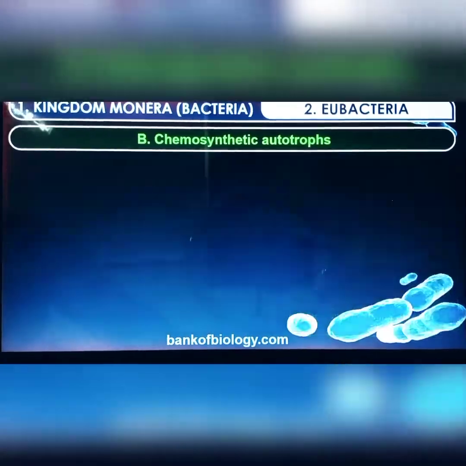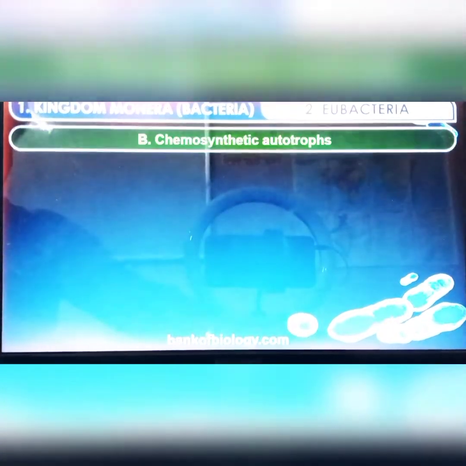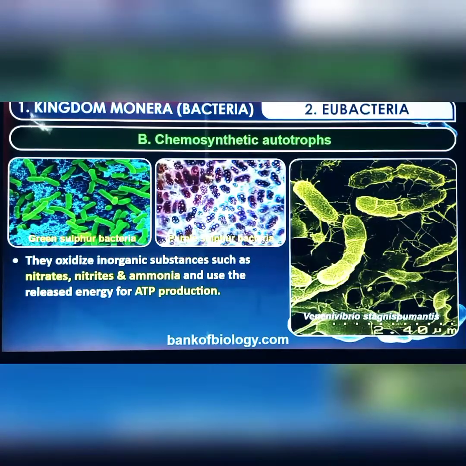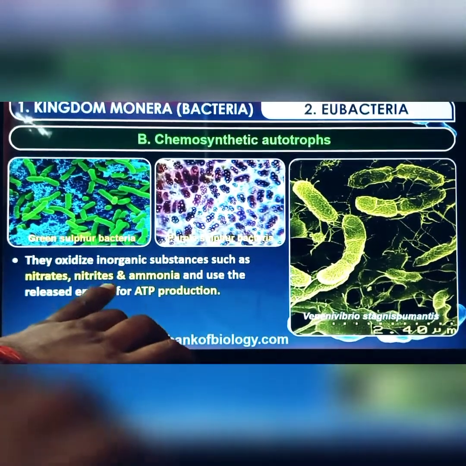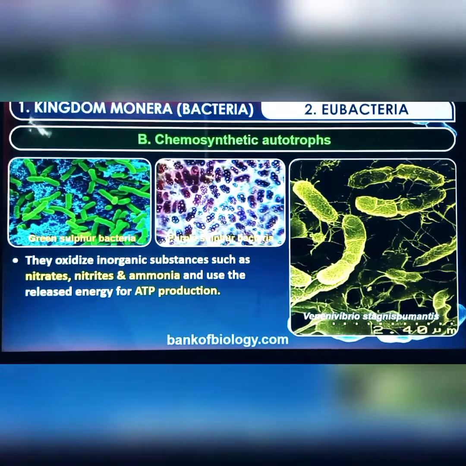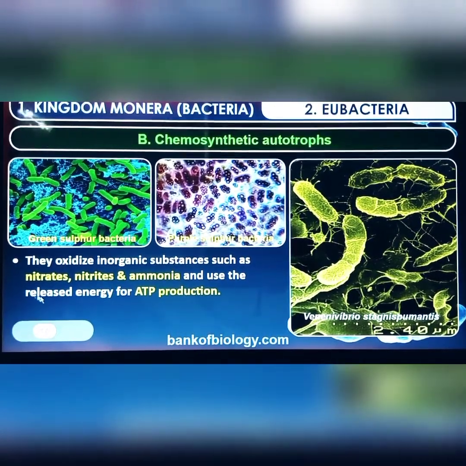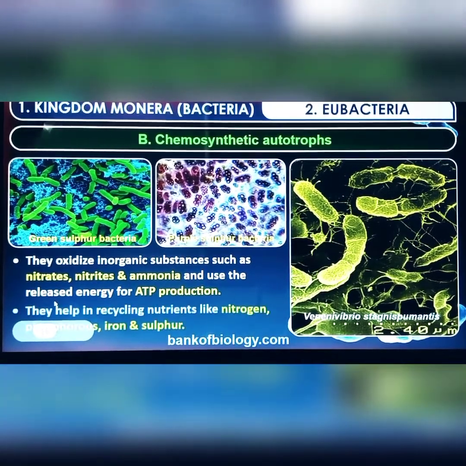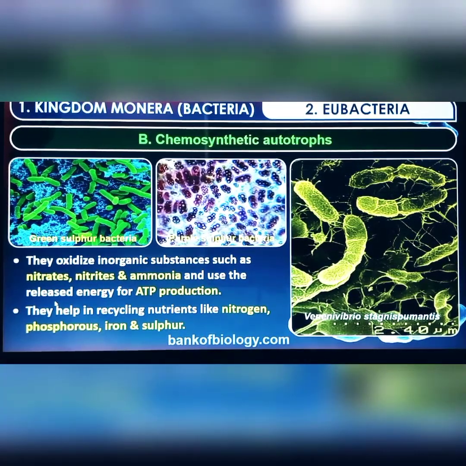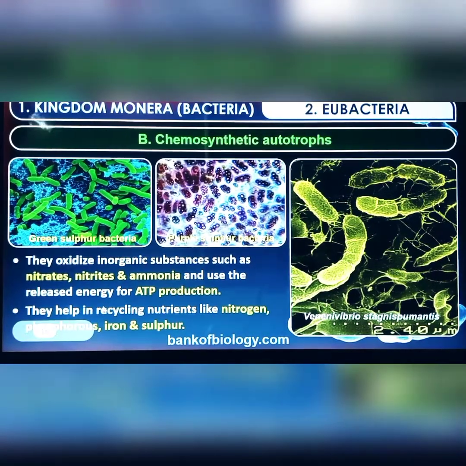These are some bacteria that can synthesize their food with the help of nitrates, nitrites, and ammonia. It means they can oxidize inorganic substances and use the released energy for ATP production. They help in recycling nutrients like nitrogen, phosphorus, sulfur, iron, etc. They can oxidize inorganic substances.